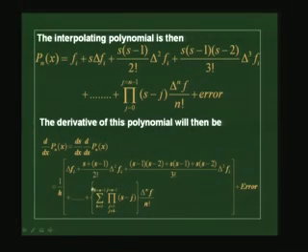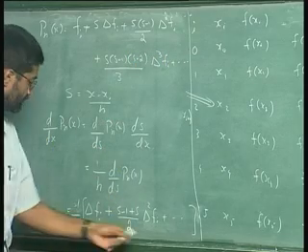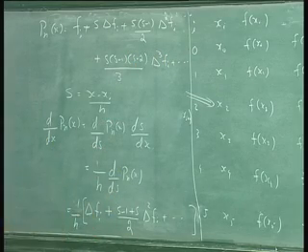The ds by dx just gives us a 1 over h, the first term is delta f_i, and the second term is (s plus s minus 1) by 2 factorial into del 2 f_i, etc. So this is basically what we have as the derivative polynomial.